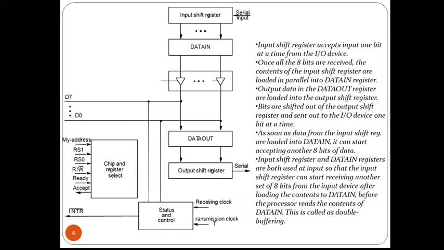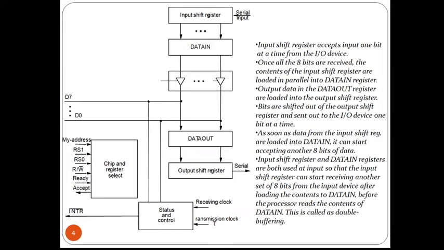Similarly, output data in the data out register are loaded into the output shift register, from which the bits are shifted out and sent to the IO device. So this is how the transformation of serial fashion to parallel fashion or parallel fashion to serial fashion is happening.